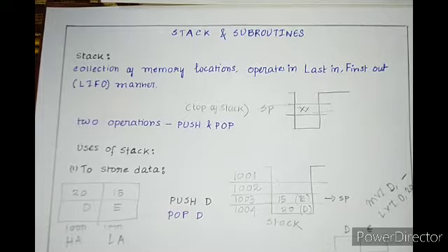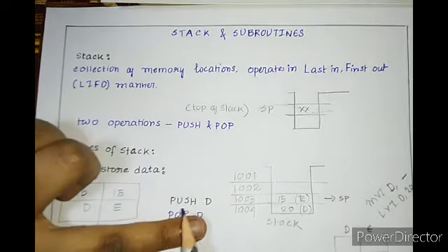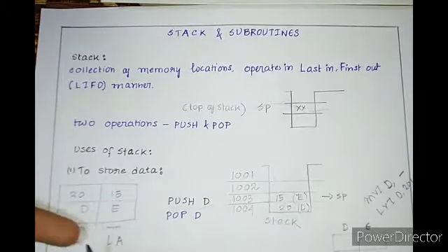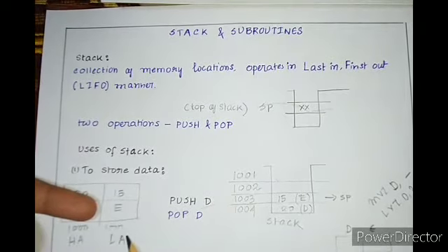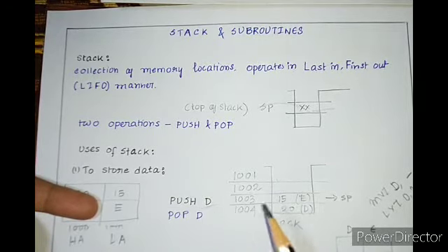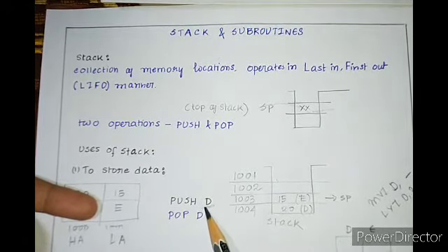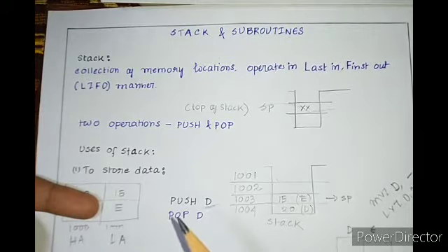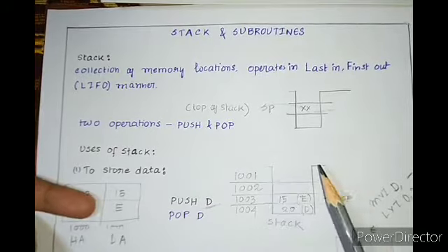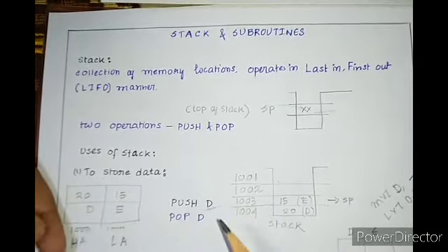So how does this go on? Suppose I have taken 2015 data in the DE register. Then I have written the push operation. Okay. So this is the higher address, this is the lower address, this is your memory. When we write push D, the data in D and E registers will get stored respectively. So D goes to the higher address.